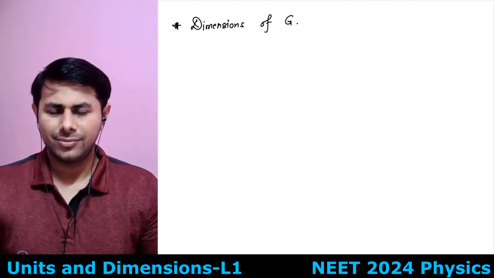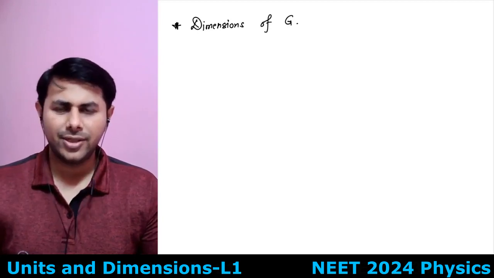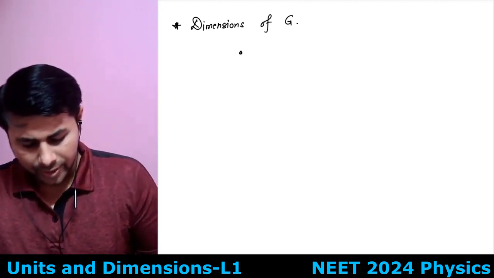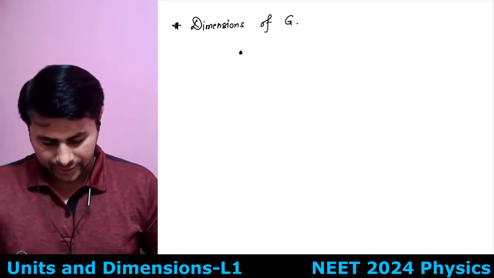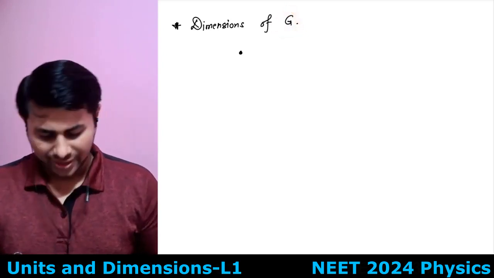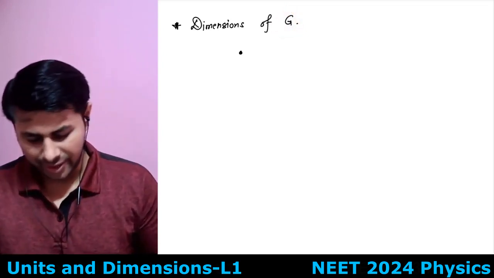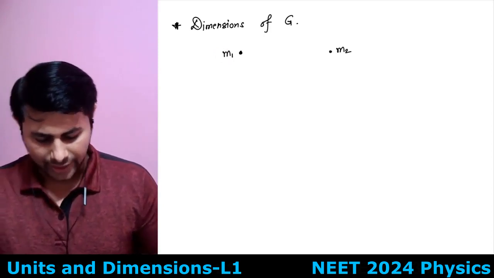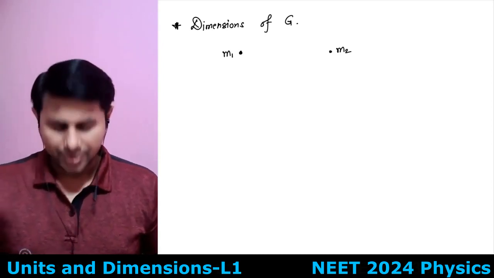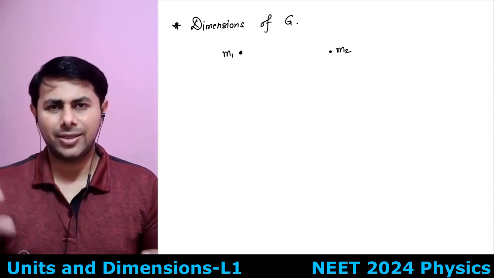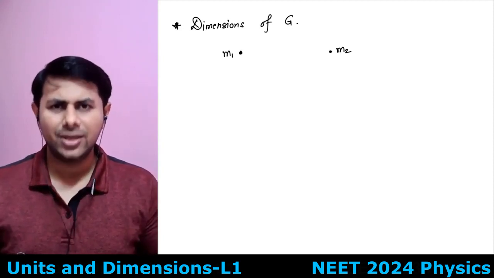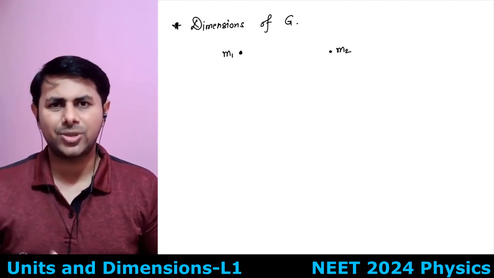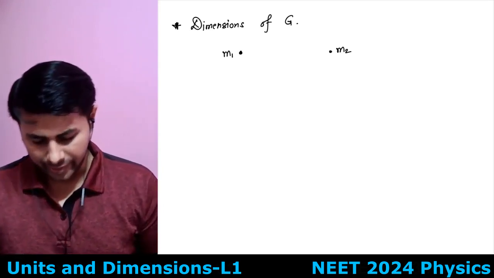F is equal to G m1 m2 by r square, where r is the distance. So where does this quantity show up? If we have two masses, m1 and m2, and we know Newton's law of gravity: every mass in the universe attracts every other mass with a force which is directly proportional to the product of their masses and inversely proportional to the square of the distance between them.